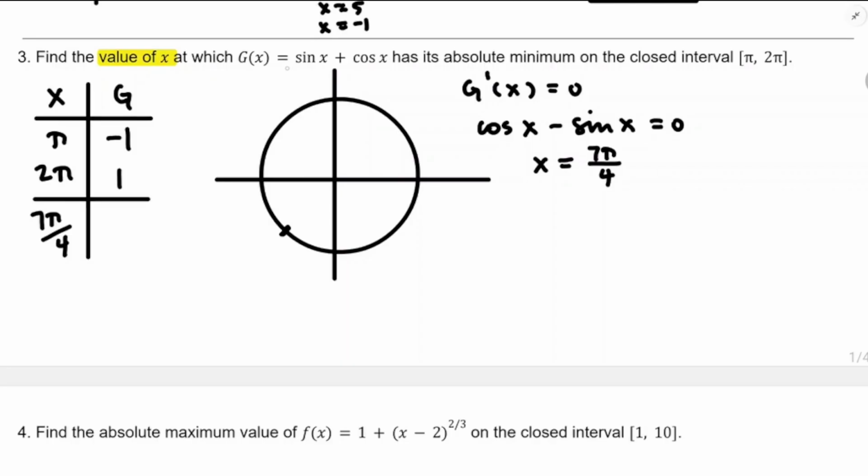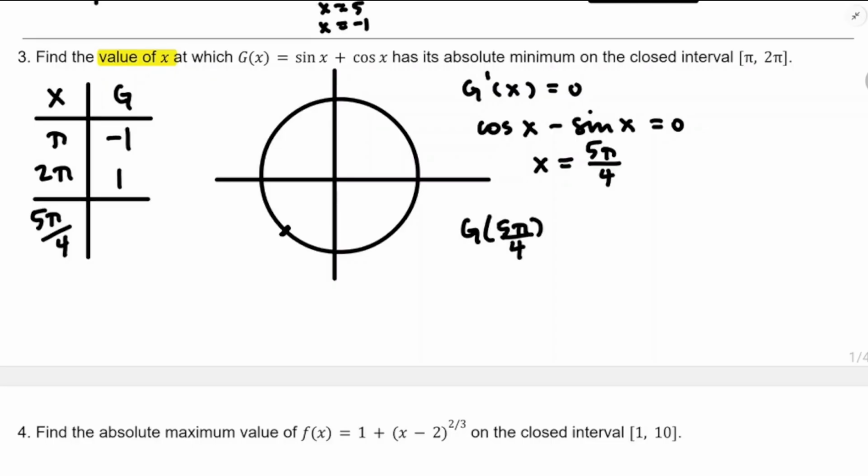Right, and then sine x plus cosine x. Oh yeah, this is going to be pretty negative. So g of, that's not 7 pi over 4. Clearly not teaching pre-cal this year. 5 pi over 4. I probably ended up with the right answer. I just thought that was what that was called.